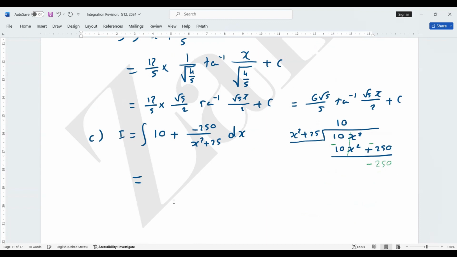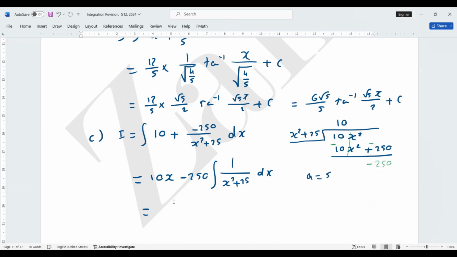Now, how can we do this? We can write this as negative 250 integration of 1 over x squared plus 25 dx. In that, a equals what? a equals 5.